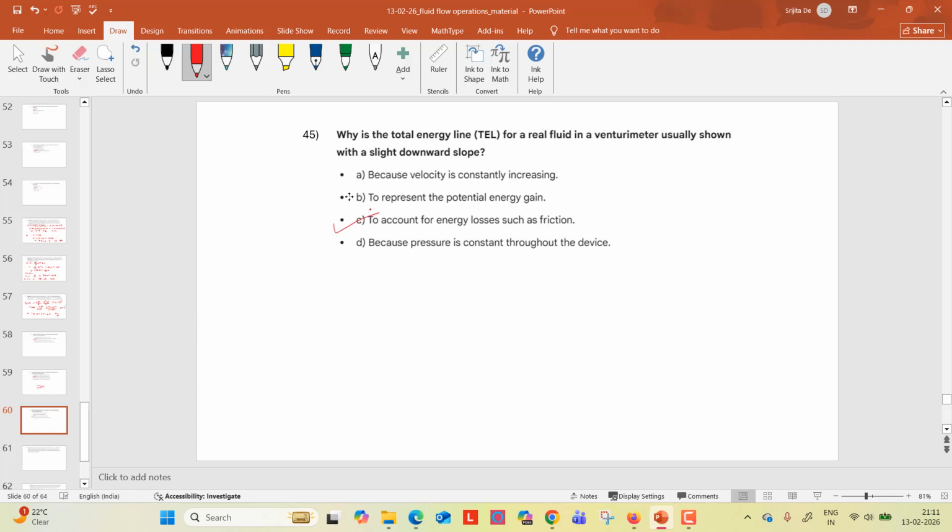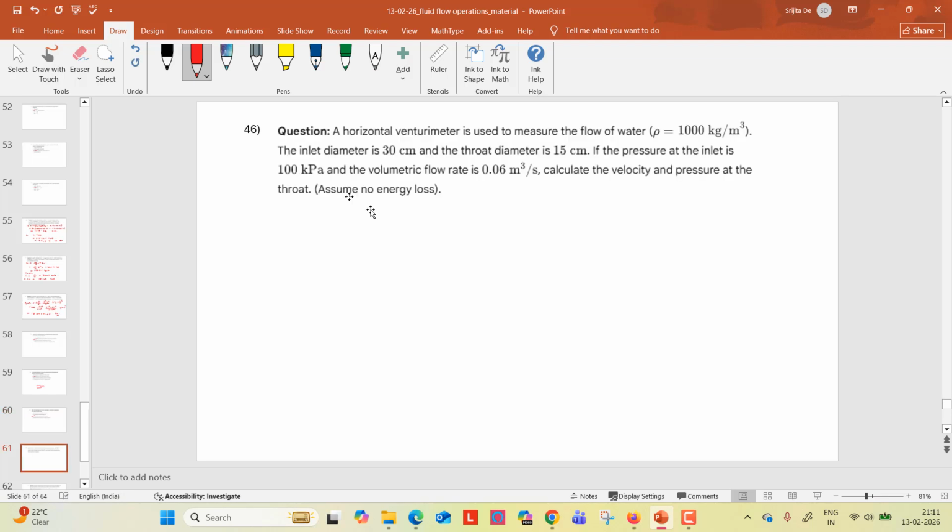Next, so there is a problem on Venturi meter. A horizontal Venturi meter is used to measure the flow of water. The inlet diameter is this, the throat diameter is this.